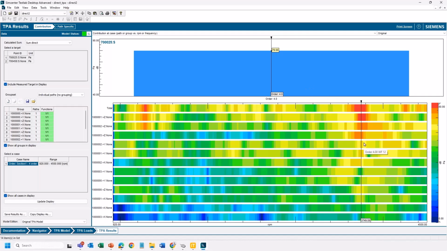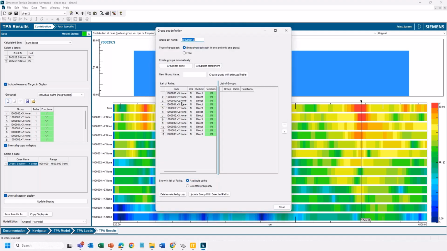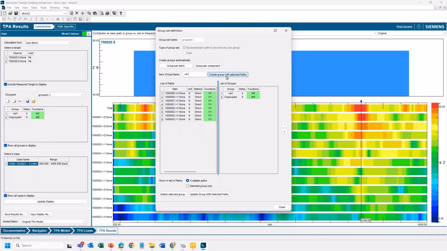All right, so we got this just to show something practical in the software. There is this grouping over here, and you can do things like grab Z directions and call that vertical, for example, create a group of vertical, grab X directions, call that fore aft, and then the Y directions could be lateral.